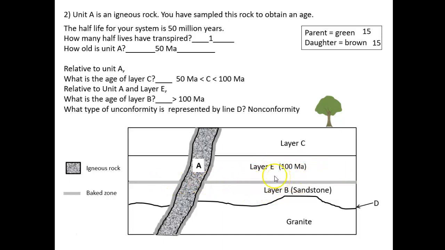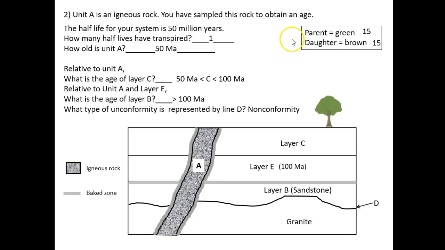Later on, more material was washed in, deposited on top of that and buried it, and eventually turned into a rock, layer C. And then finally, it was cut by A. So granite, B, E, C, A. Not too bad. Hopefully you can explain why you chose that.